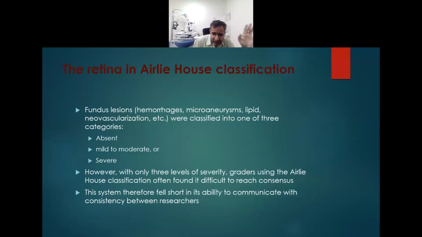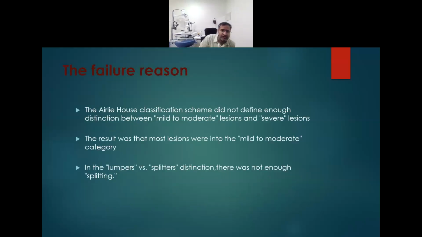However, with only 3 levels of severity, graders often found it very difficult to reach any consensus. The system therefore fell short in its ability to communicate with consistency among the researchers and the doctors. So it kind of failed.